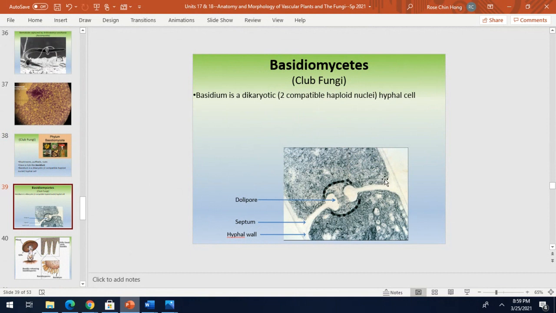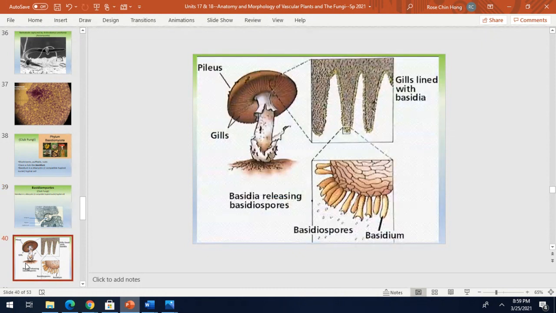So you have septum dividing the hyphal wall, and they have a special pore that allows material to go between them, and communication. And that pore is called a dolipore. All right, so this is a dolipore here. So right here is the dolipore in our Basidiomycota.